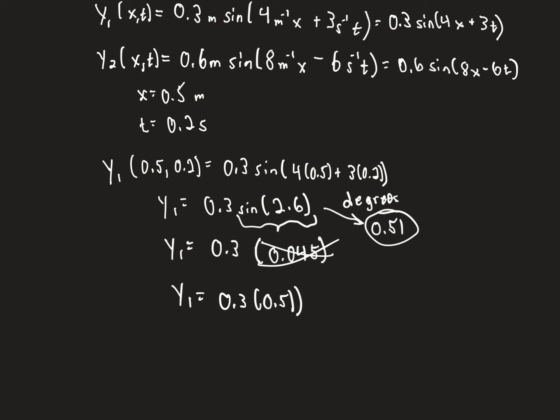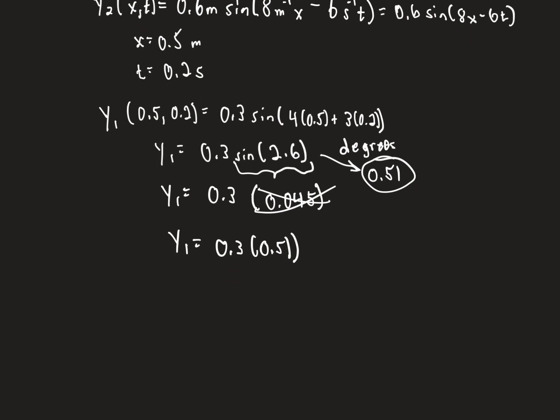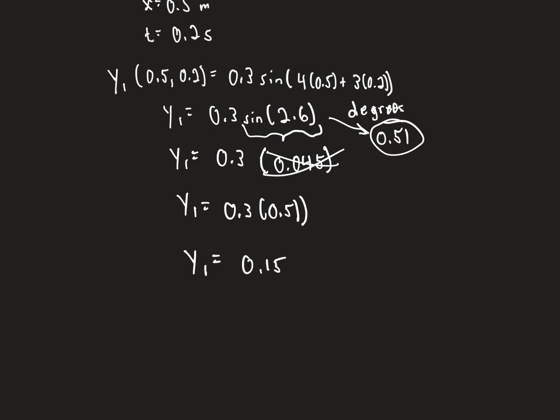Maybe I just said the opposite. Make sure your calculator is in radians, not in degrees. Sorry to the viewer in Alaska who is very confused now. So y1 is 0.3 times 0.51. I got 0.15. Okay, let's keep going.